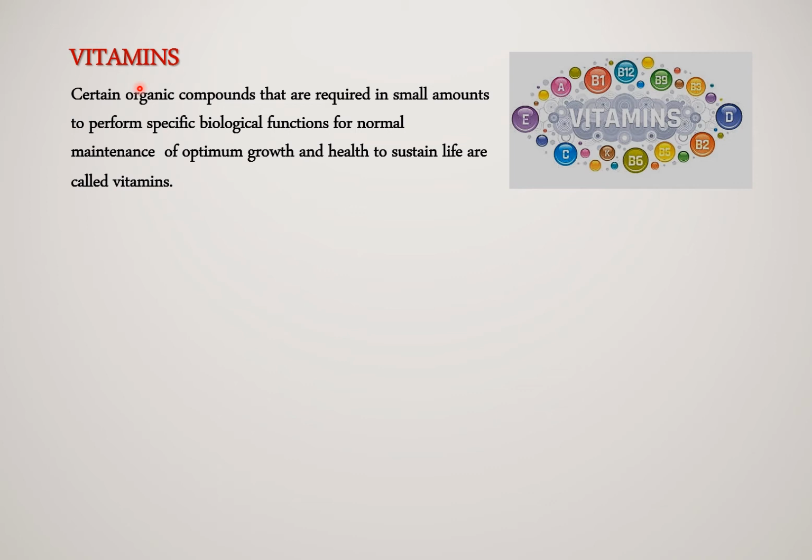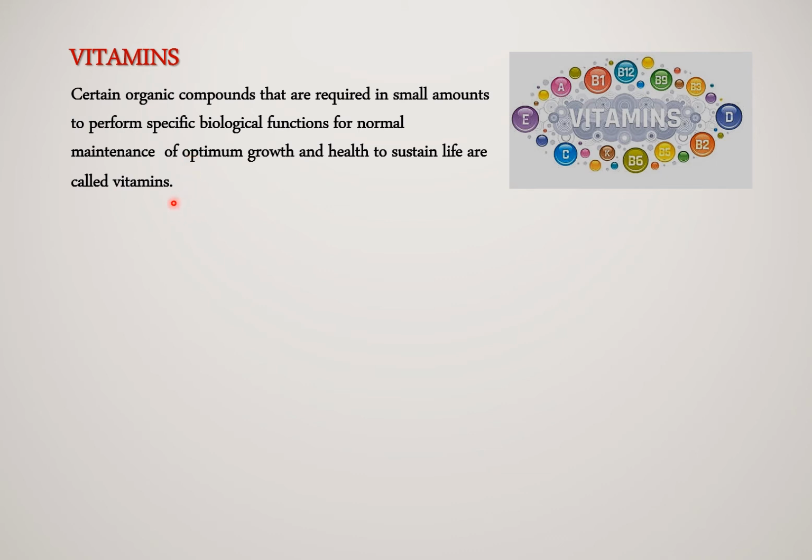Other than that, we have fats, carbohydrates, proteins, and a large number of organic compounds which are needed for our normal metabolic processes and for the growth and health of human beings and animals as well. There are certain other important compounds which are required in very small quantities, but they perform very specific biological functions for our optimum growth and health, and also to sustain life.